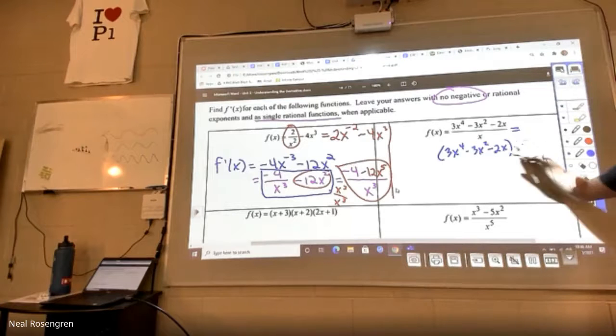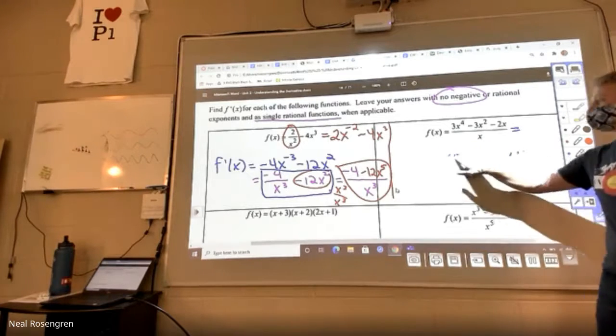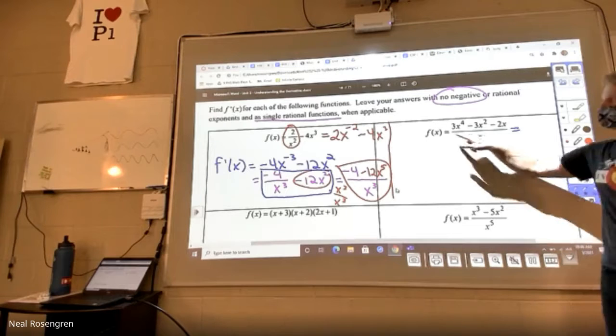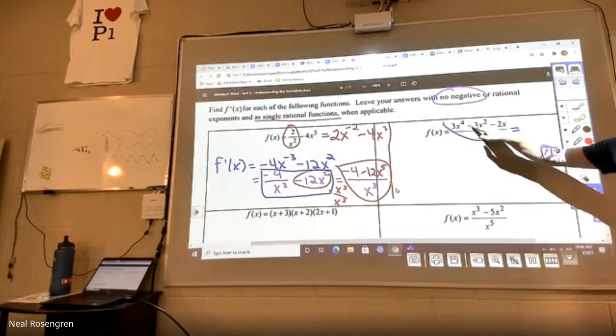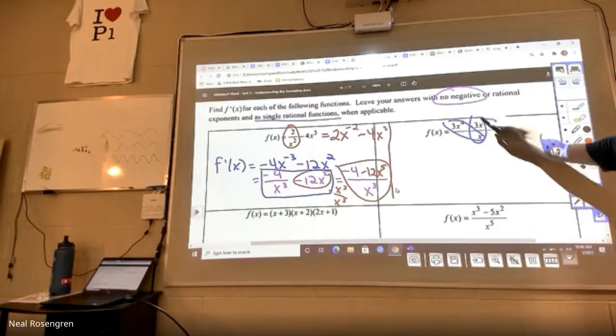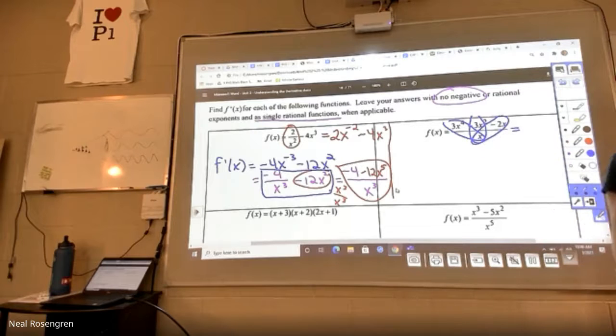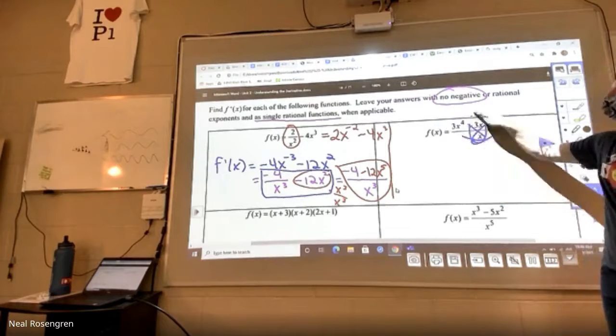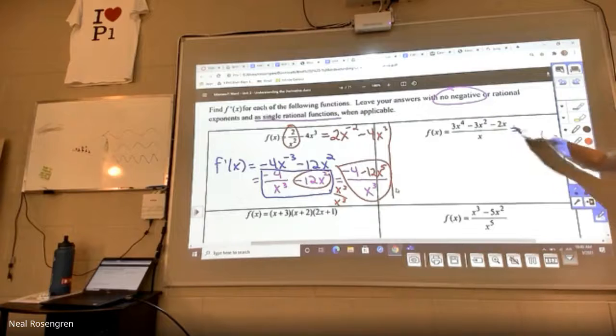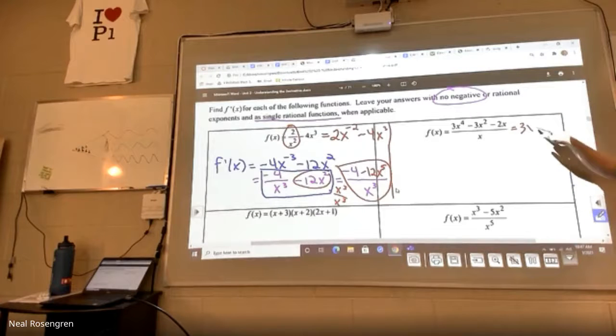And what we're really seeing happening when we do that is we're dividing each of these terms one by that x. Right? When you have a single denominator, whatever it is, you got a bunch of stuff being added or subtracted up top, divide each one separately. 3x cubed minus 3x minus 2.